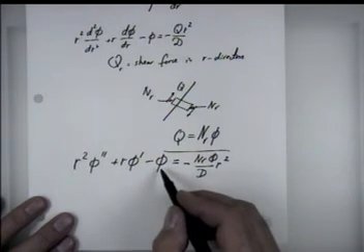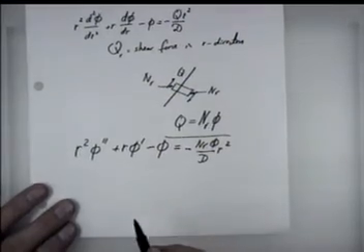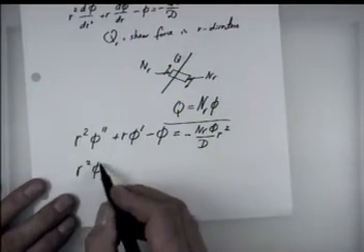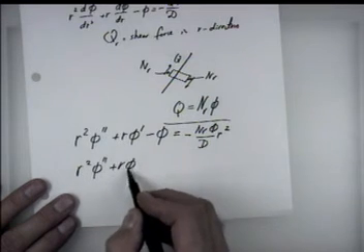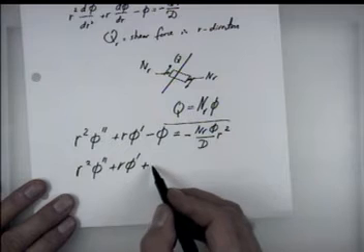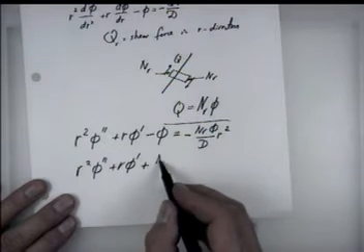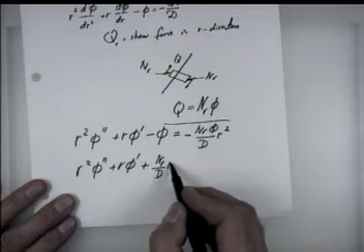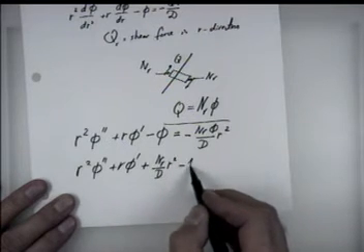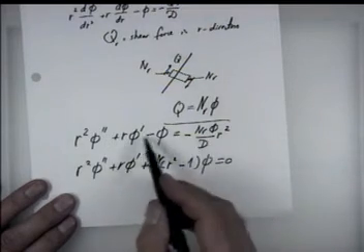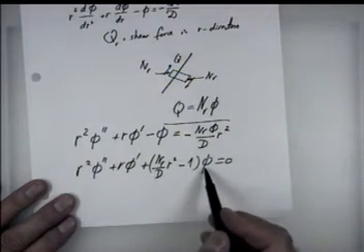This could be transferred now here, and we get r squared phi second derivative plus r phi first derivative plus N_R over D r squared minus 1, phi equals 0. I transferred this here and took out phi.